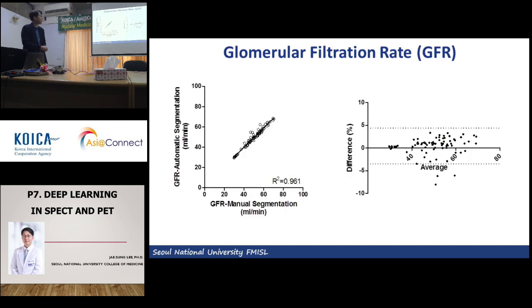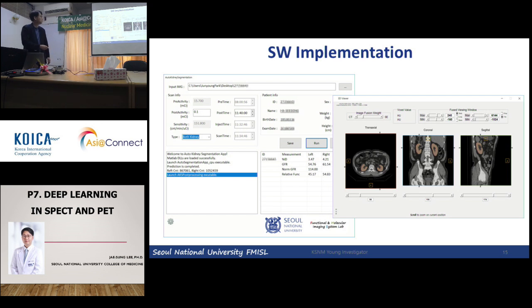By the way, when we calculated the GFR based on this deep learning based volume, you can see here that the GFR based on the manual segmentation and the GFR based on automatic segmentation correlate really well. So it works like humans.